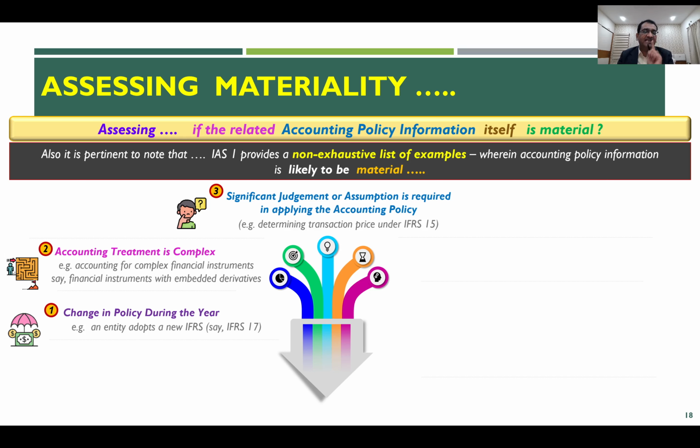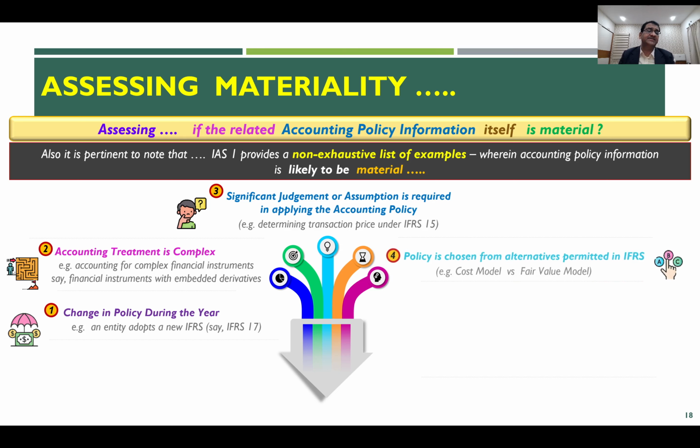Now, if you have a scenario where you have a lot of variable considerations, then in those circumstances, determination of the transaction price, which will also include a portion of the variable consideration, can be judgmental. Therefore, what the amended IAS 1 says is that if you have significant judgment or assumptions required to apply an accounting policy, then that accounting policy is likely to be considered material, which means you've got to disclose them.